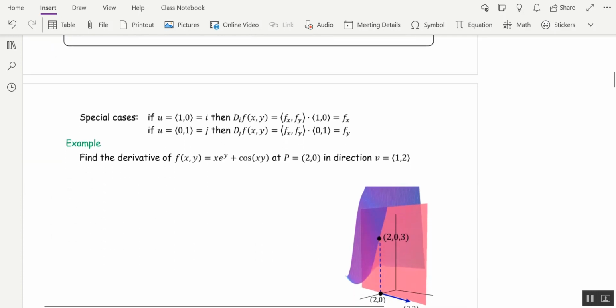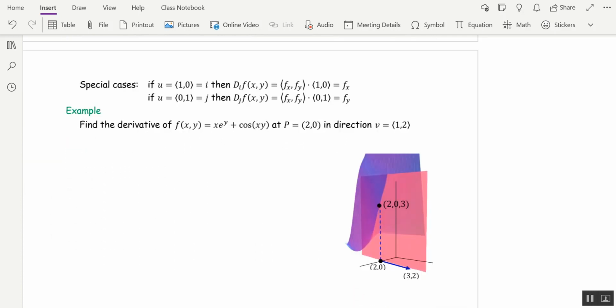All right, so let's do an example. And in this example, notice how it's phrased. Find the derivative of this function at this point in this direction. So you're given three things, a function, a point, and a direction. So first step, we need the gradient. Del f at x, y is equal to partial with respect to x, e to the y, and then when I take the partial with respect to x of cos xy, I leave the inside fixed, so leave a space.